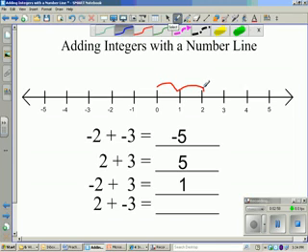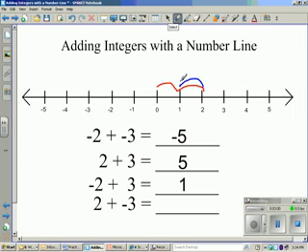This is where I left off, so I go back 1, 2, 3. So I'm at a -1 on the number line when I'm all done making my moves. So the answer would be -1. And that's how you can add integers using a number line.